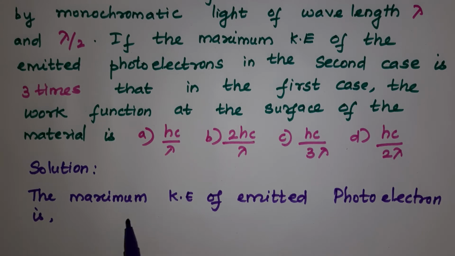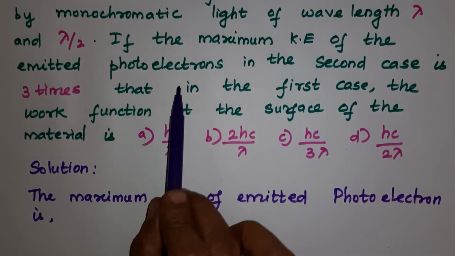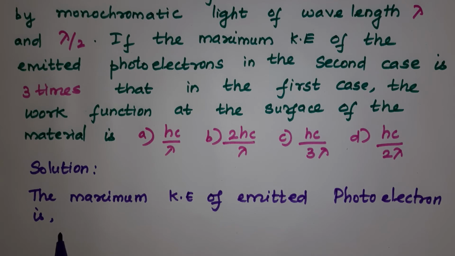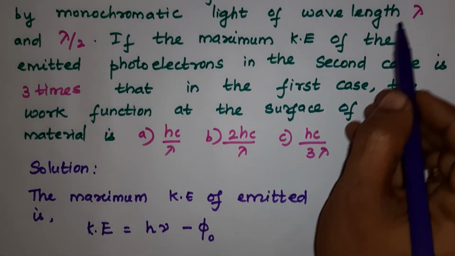Solution: the maximum kinetic energy of the emitted photoelectron is E is equal to h mu minus phi naught. This is kinetic energy. Here wavelength is given.